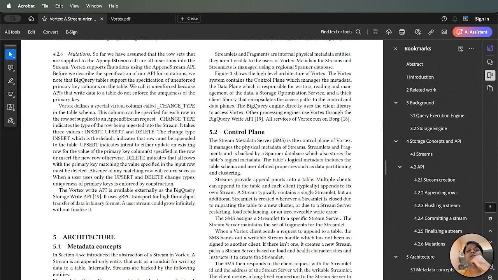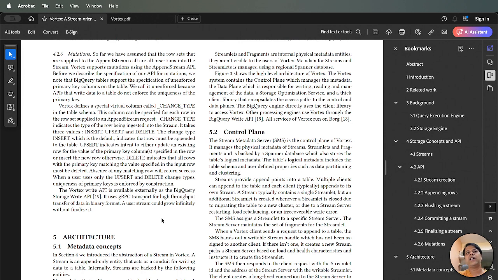Mutations, again, mean insert, update, and different changes to the data. Again, it uses the interface for the append stream. If you know how different CDC is handled, you would see this kind of meta column in there as well. Here it uses a virtual column or meta column, a kind of change type, to handle whether it is an insert, upsert, or delete.